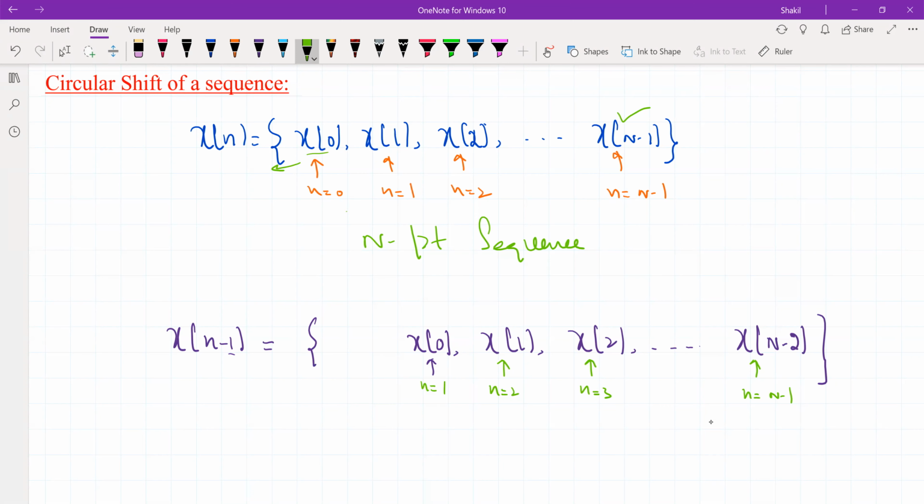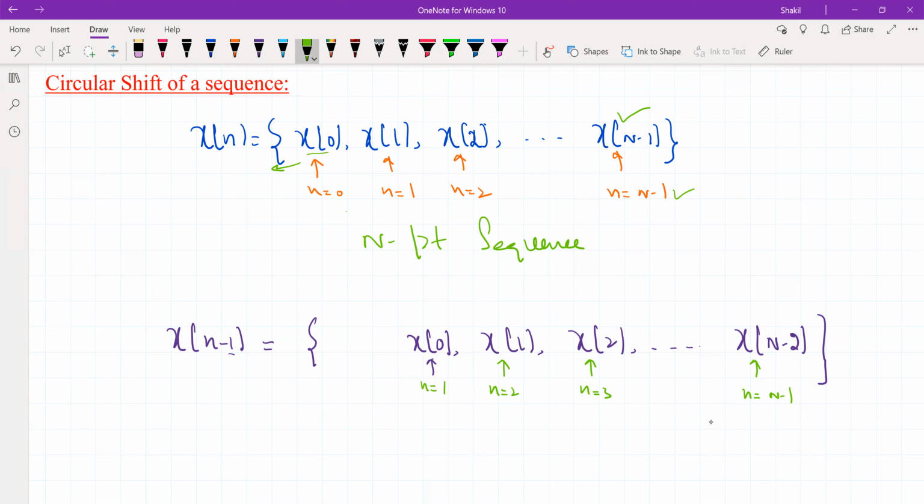So to keep the length of the sequence equal to n, we have one more shift. That's referred to as a circular shift of the sequence. Now what we do in the circular shift: whatever point falls outside the duration of the sequence, we bring that to the front of the signal, at the beginning of the signal.